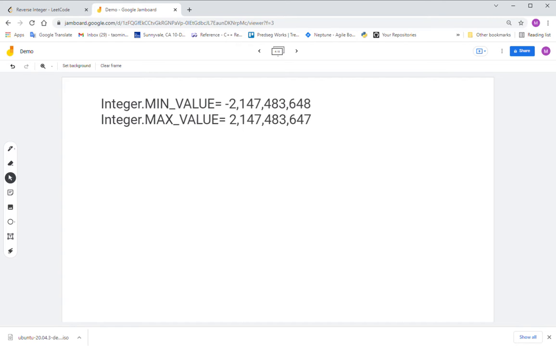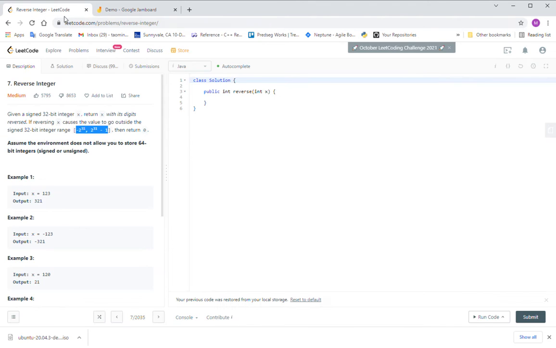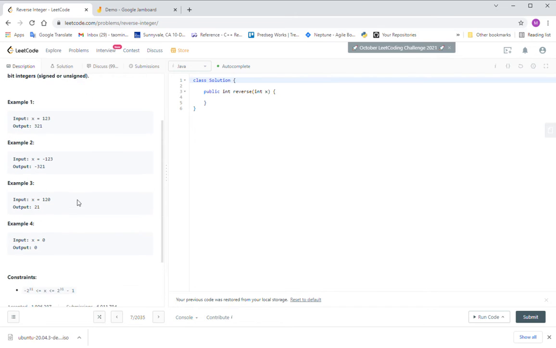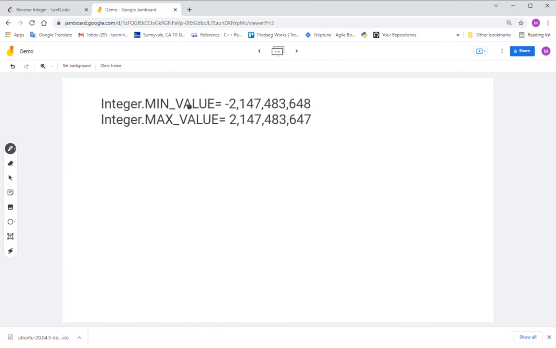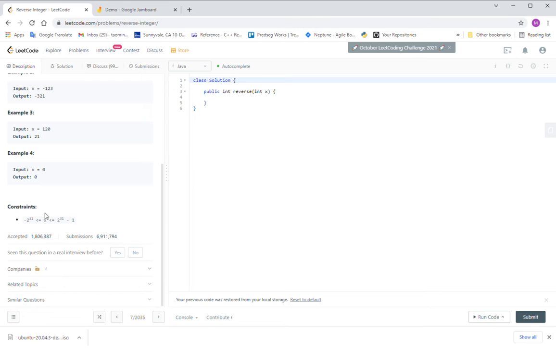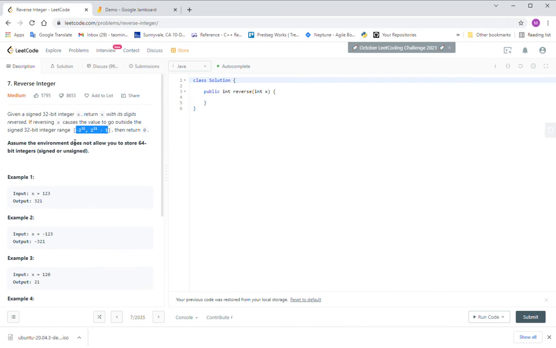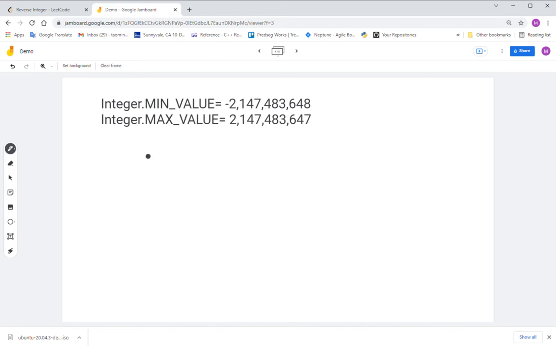The challenge here is, after conversion, if the converted number is less than the minimum one or bigger than the maximum one, we will return 0. That is the requirement. Actually, this question is simple.